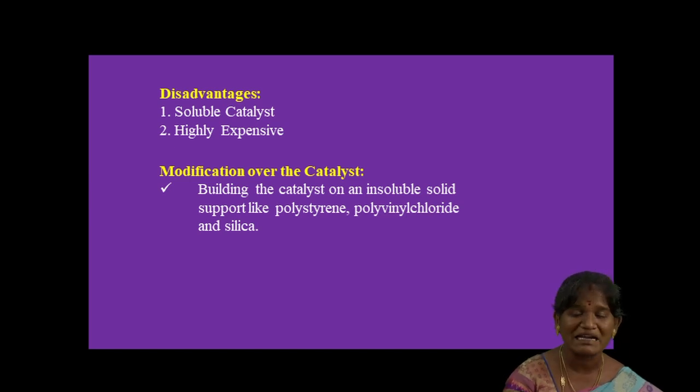To rectify the disadvantages of using the Wilkinson catalyst, we can modify the catalyst and easily remove these disadvantages. How can we modify it? The Wilkinson catalyst, which is a soluble catalyst, is converted into an insoluble catalyst by building the catalyst on an insoluble solid support, such as polystyrene, polyvinyl chloride, and silica.